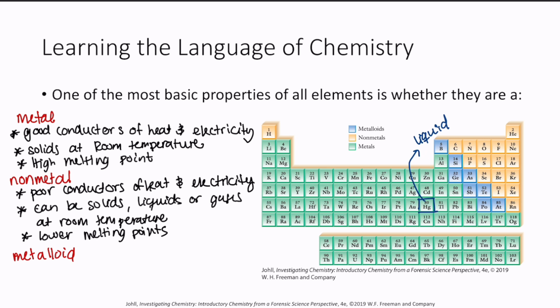Now, metalloids have properties between those of metals and nonmetals.